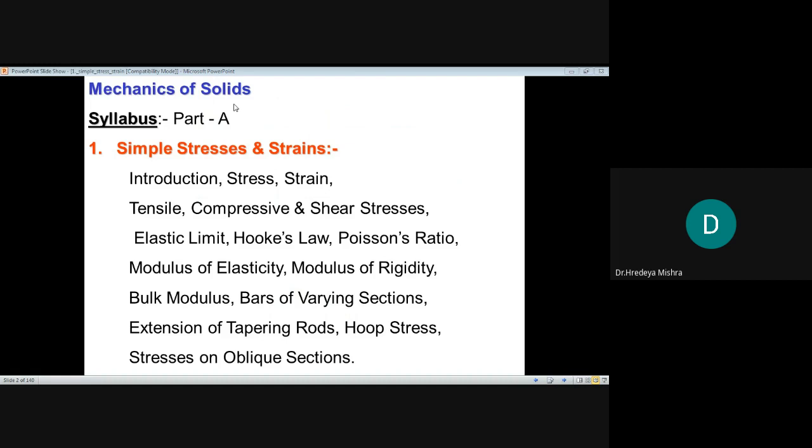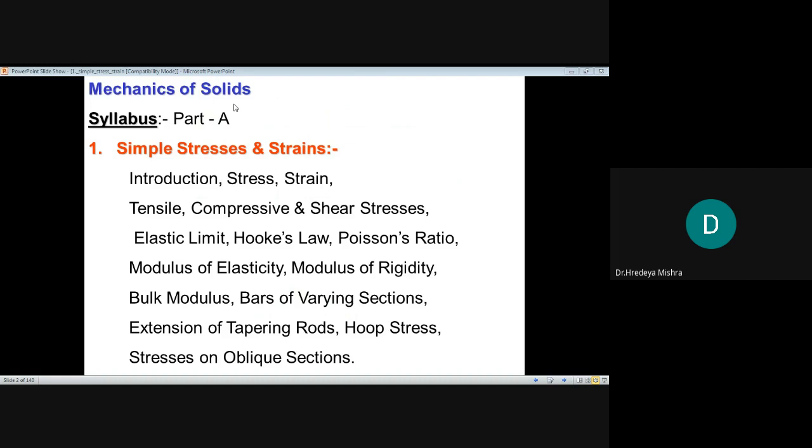So, students, it is an introduction about stress, strain, tensile stress, compressive and shear stresses, elastic limit, Hooke's law, Poisson ratio, modulus of elasticity, modulus of rigidity, bulk modulus, bar of varying section, extension of tapering rod, hoop stresses.